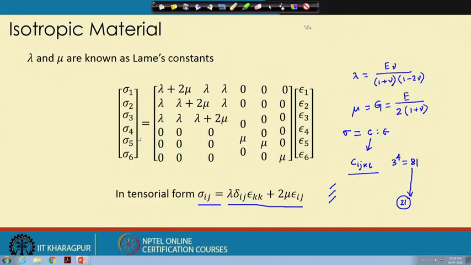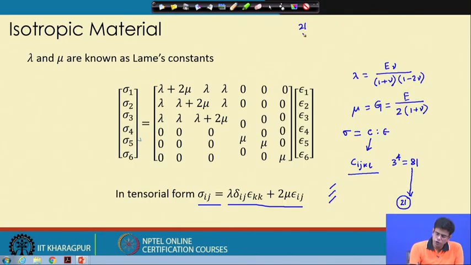First, we assumed reflection symmetry about a plane, which is known as the monoclinic material, having 13 independent constants.